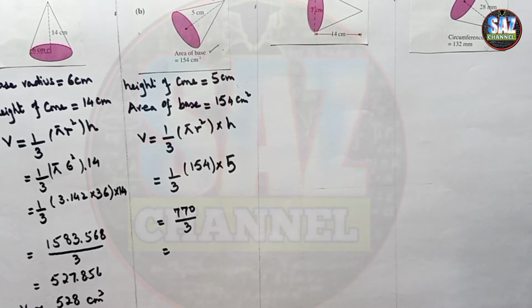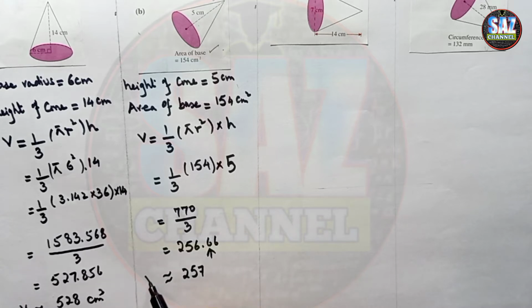Now divide this value by 3 and this becomes 256.66. As we have to give our answer to 3 significant figures, I have to focus my attention on the fourth digit, and as this is 6, it's more than 5, so it will be 257. Units of the question are centimeters, volume, so centimeter cube.